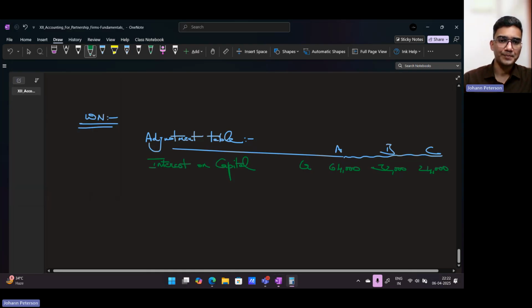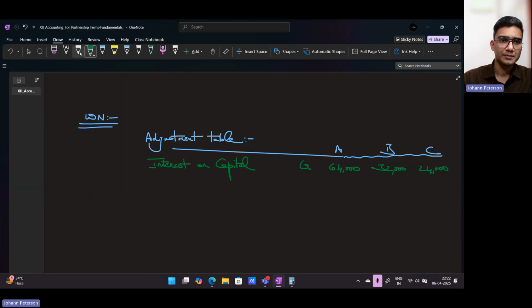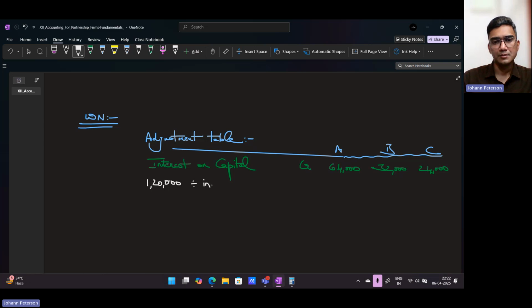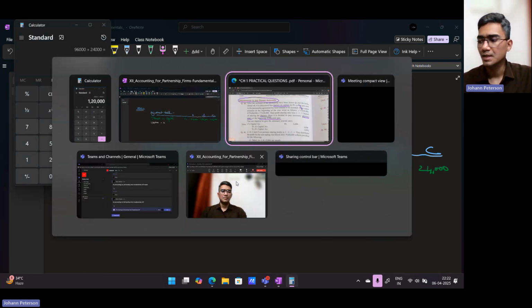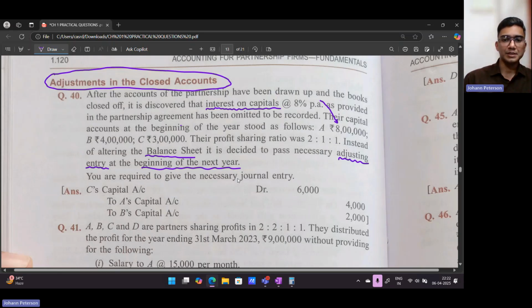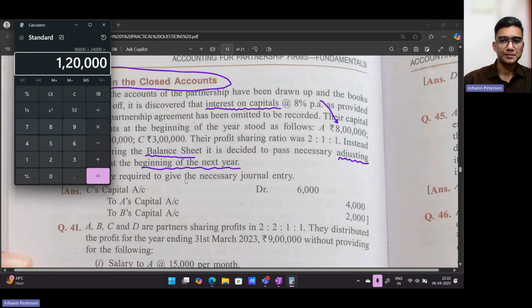Which is 1,20,000. So we will write 1,20,000 divided in what ratio we have been told? We've been told a ratio of 2:1:1.